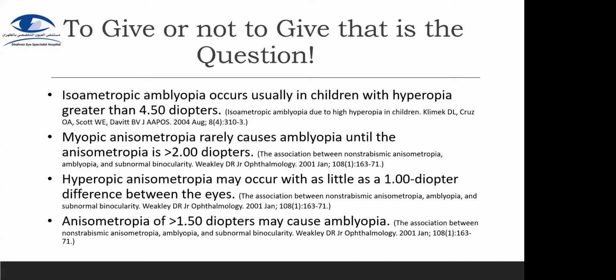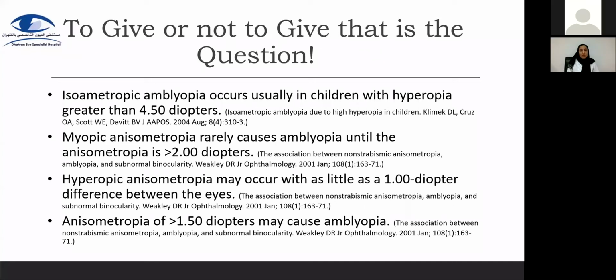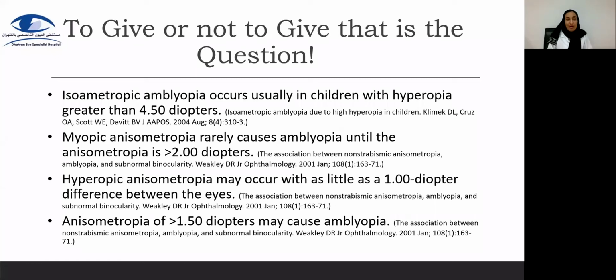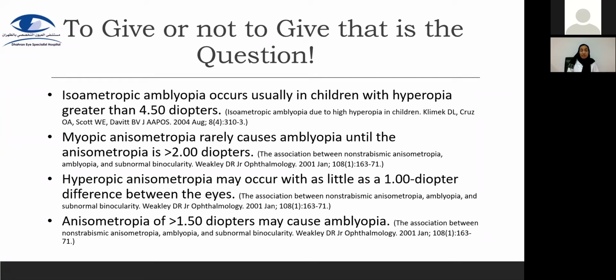And we found that children with hyperopic anisometropia will benefit the maximum from the treatment. Yet when they present to the clinic, they'll be the ones with the worst vision. So they're very highly responsive to treatment. If anyone wants the study, I can deliver it to them later on.